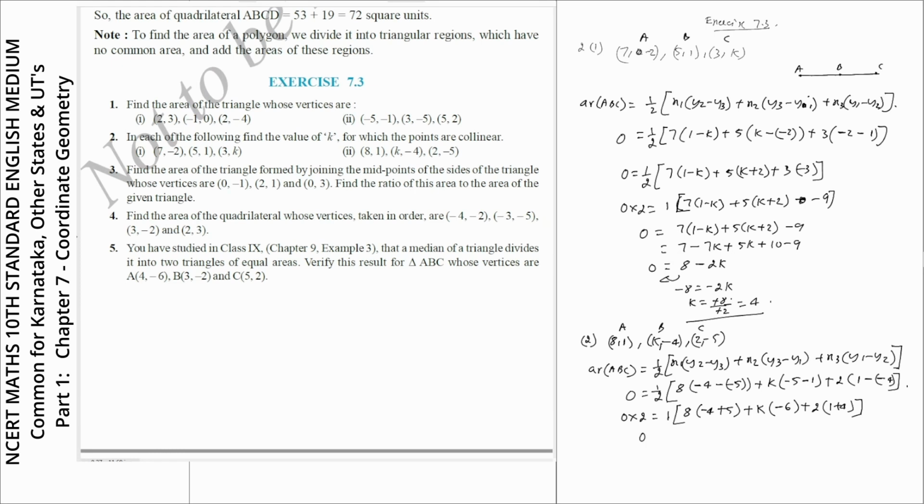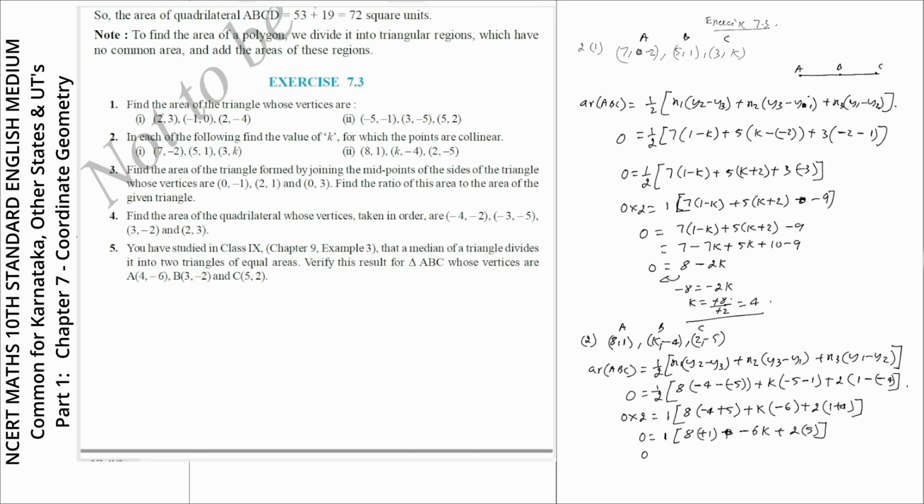So 2 into 0 is 0 only, so this is 1 into, now 8 minus 4 plus 5 is plus 1 I'll get. So it is subtraction, 5 minus 4 is 1, sign of the greatest number, that is 5 is the greatest number, therefore plus will be the sign, plus. So here k into minus 6, okay, I'll take directly minus 6k, plus, now here 2 into 1 plus 4 is 5.